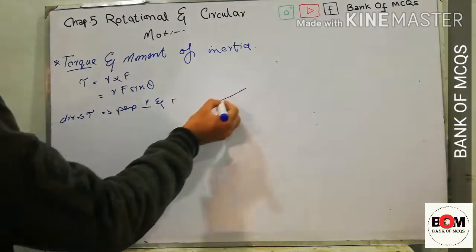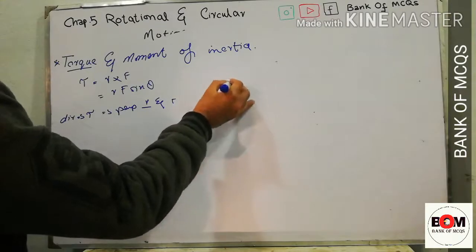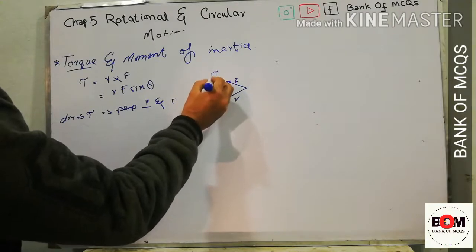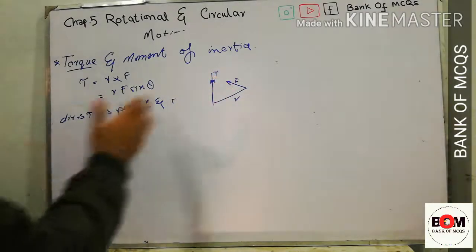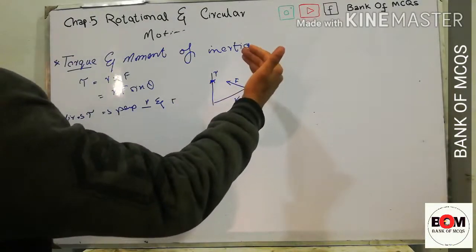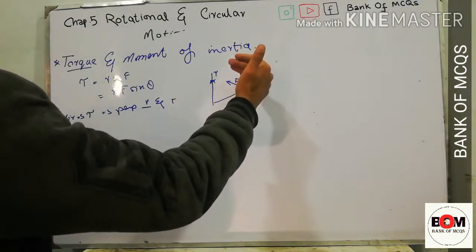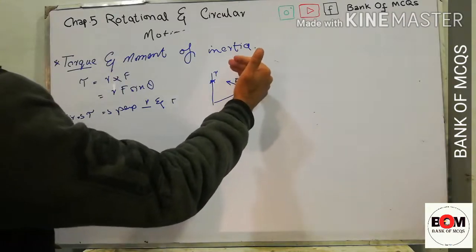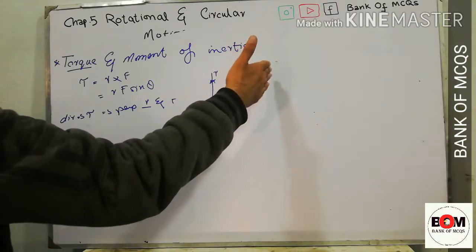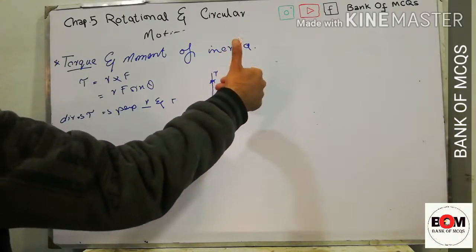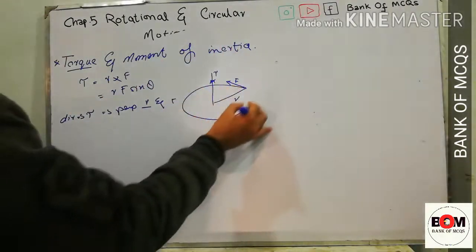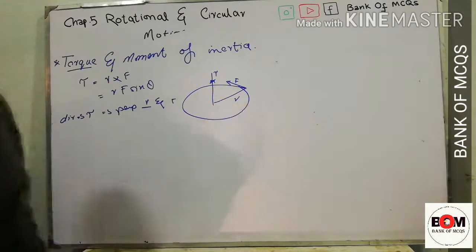So if this is r and the force acts in this direction, then this will be the direction of torque. To find this direction, we use the right hand rule, which states that put the fingers on one component, that is force, and move towards the other, that is radius. The thumb gives us the direction of torque, which is perpendicular to the plane that contains r and f.